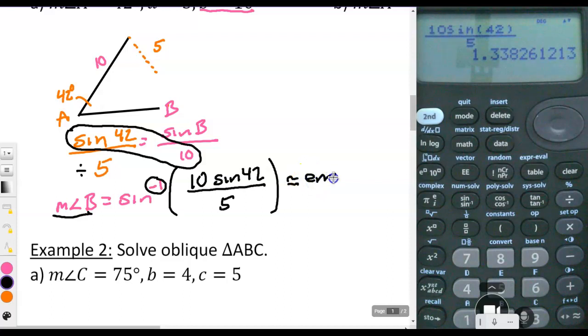So we get error, no solution. And different calculators will say different things, so that's why it's good to know what it looks like on your calculator, that you're familiar with it. So if it happens, you're like, did I type something in wrong? Am I not using this right? Because some people grab a calculator, oh, I forgot mine. They grab one of these, they're like, I don't know if I know how to use this.